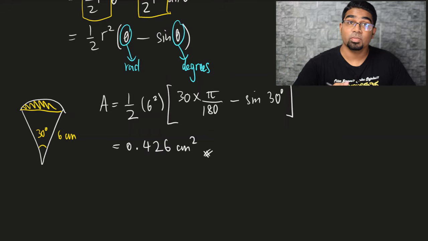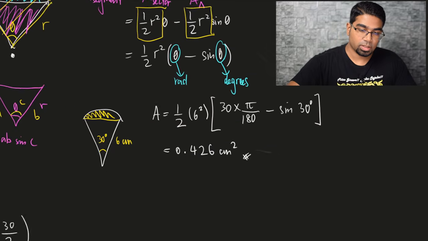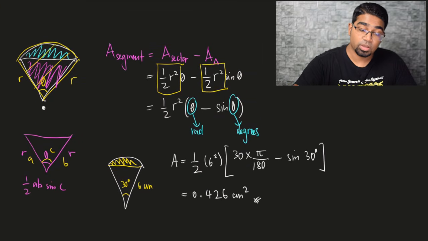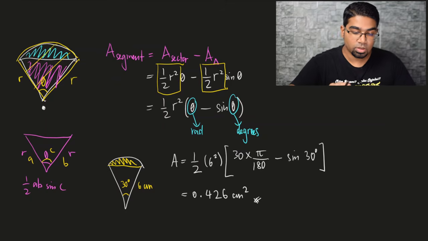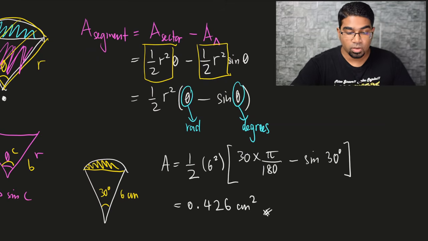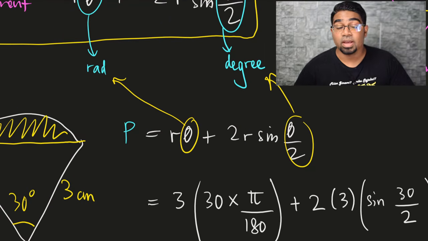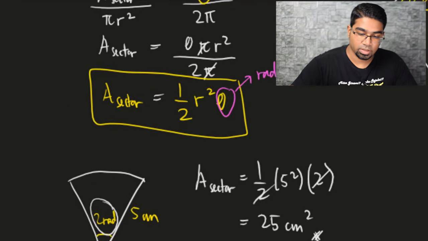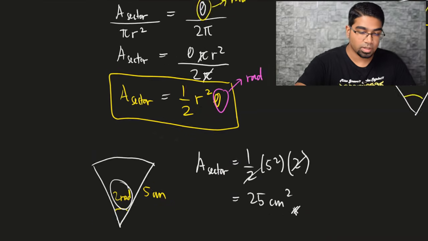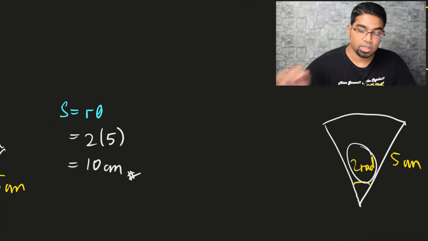However, in all the other formulas, like s equals r theta, and whenever we are using half r squared theta for the area of the sector, and in other places like the area of the segment where you incorporate those formulas inside, whenever there is no trigonometric ratio, whenever there is no sine, then the angles are in radians. There's no sine of theta, angles are in radians.